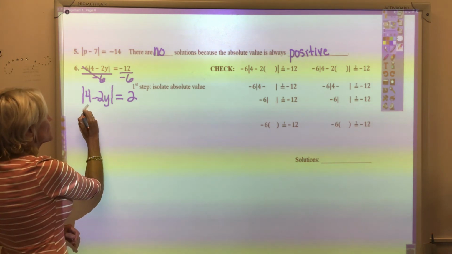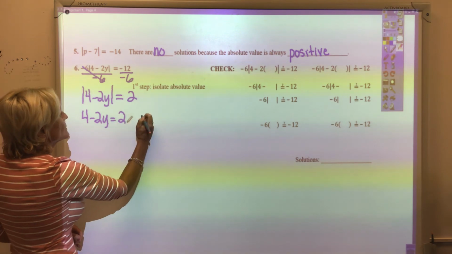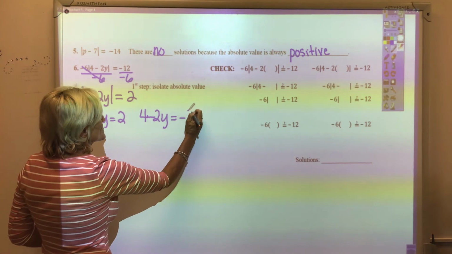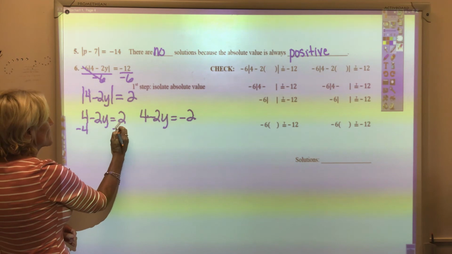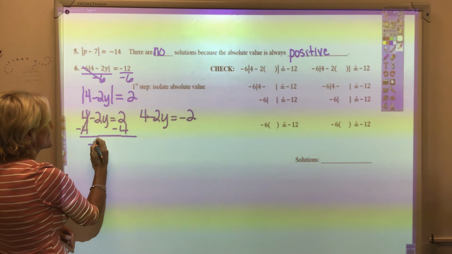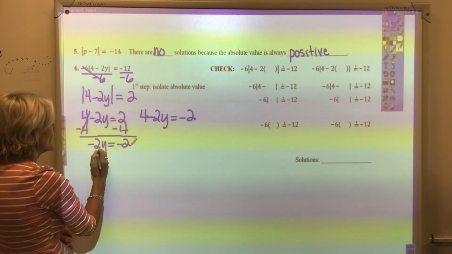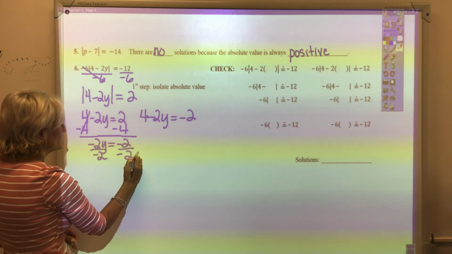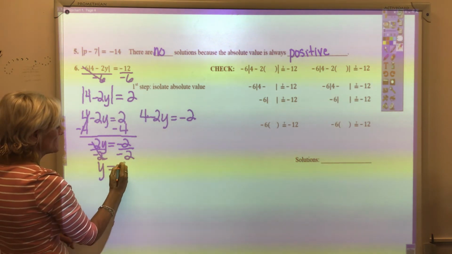Now we break it apart. 4 minus 2y can equal 2. 4 minus 2y can equal -2. So we take away 4 from both sides. And we have negative 2y is equal to negative 2. Divide by negative 2. Y is equal to 1.